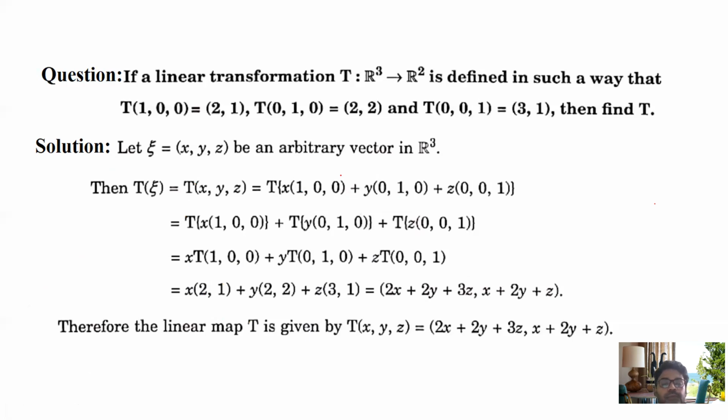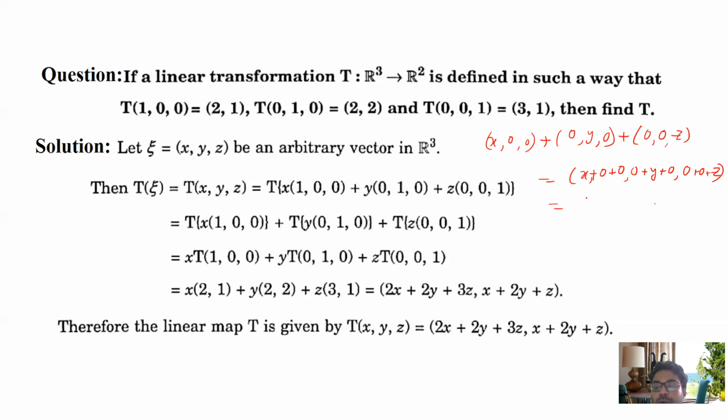Now you can see, if I simplify this, that is x comma 0 comma 0 plus 0 comma y comma 0 plus 0 comma 0 comma z. If I add, what do you have? That is x plus 0 plus 0, 0 plus y plus 0, 0 plus 0 plus z.